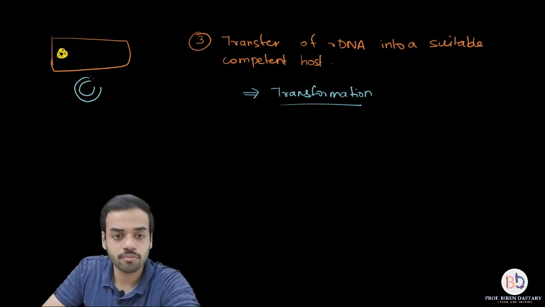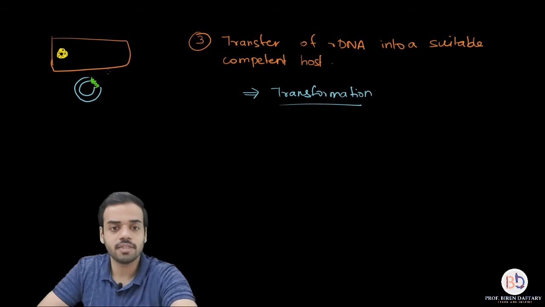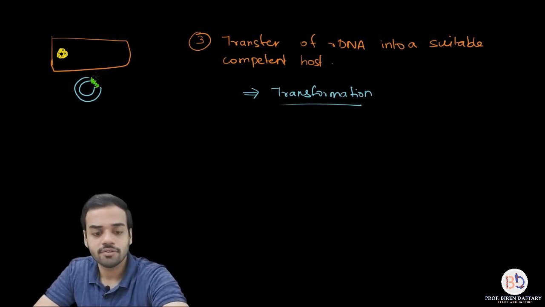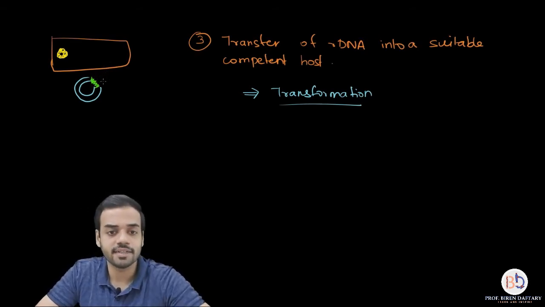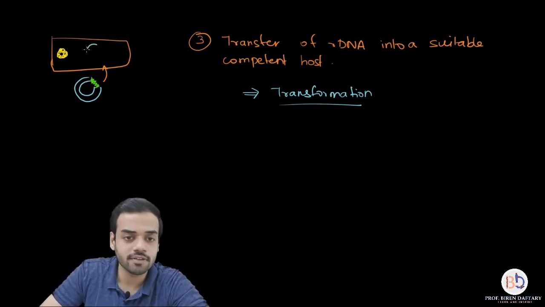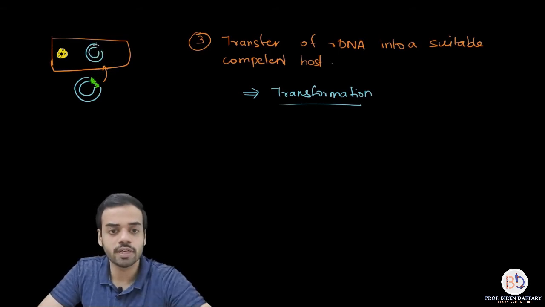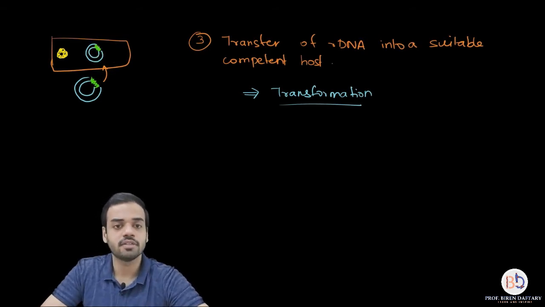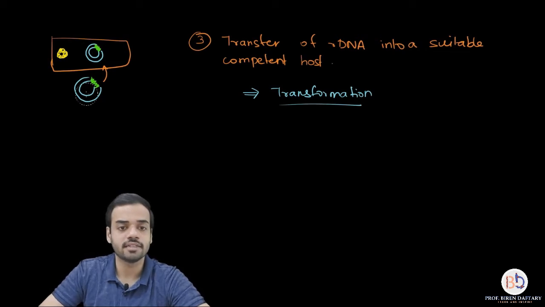Then what will happen is, this recombinant DNA will be pulled inside, absorbed by the bacterial cells, and it will go inside the cell of the bacteria. Is this clear?